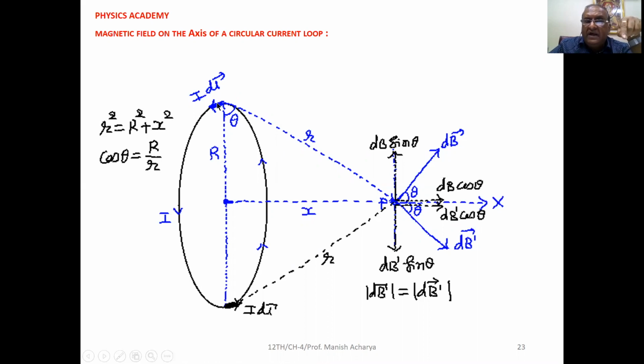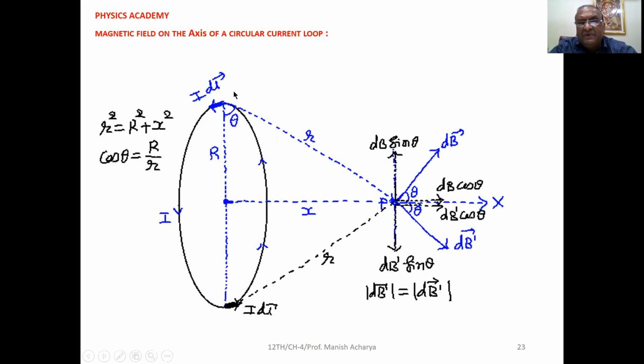So here IDL is in the tangential direction to the ring. R is radial here. So the angle between IDL and R will be 90 degrees. And now perpendicular to both IDL and R, if we place the right-handed screw and rotate it from IDL to R, then it will move in the upward direction like this.